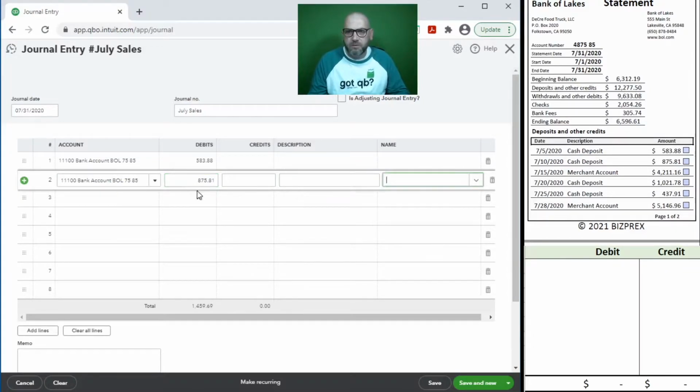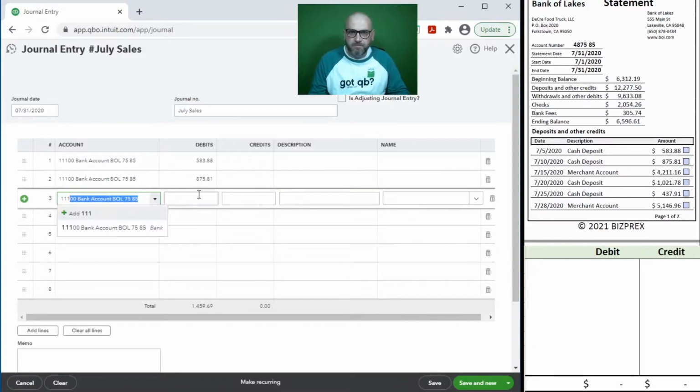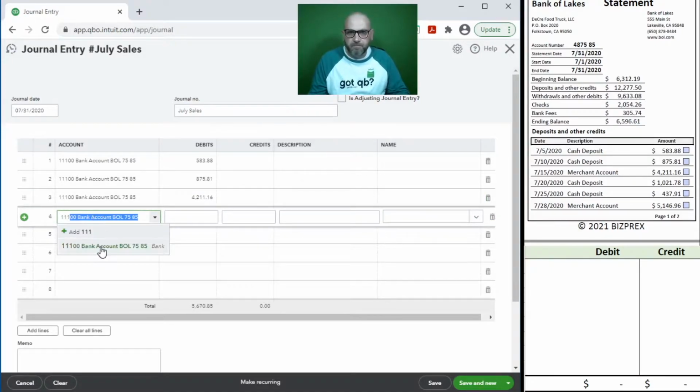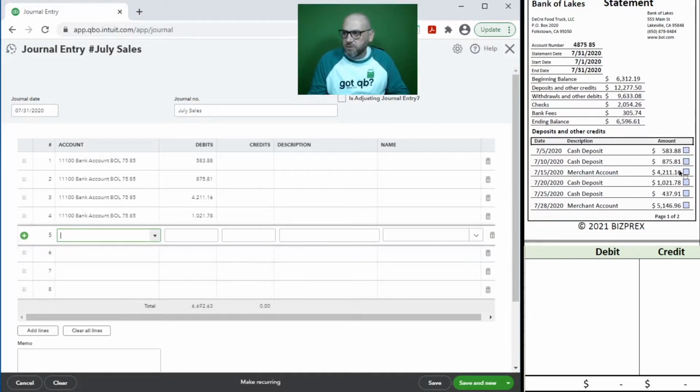And then we can add descriptions. Okay, so this way, each one of these will show up, not a lump sum, like we compared before. Again, it's important to understand all the different ways you can book transactions and the impact of the different ways you book them.